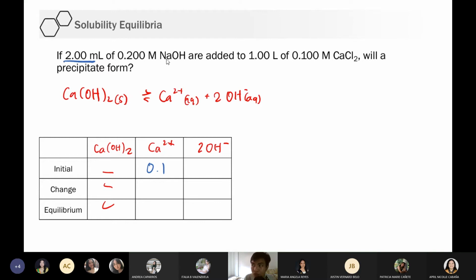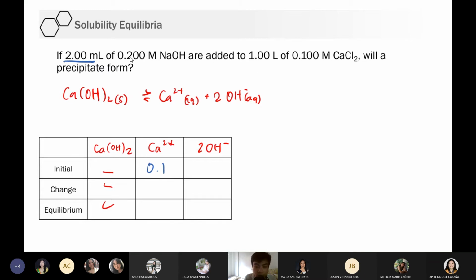No? Malaki yung change sa molarity ng hydroxide. Bakit? Kasi it started from 2 ml. Nung nilagay mo siya sa solution ngayon, naging 1 liter na yung total volume. So that means its concentration will vary a lot, no? Malaki yung pagbabago sa kanya.